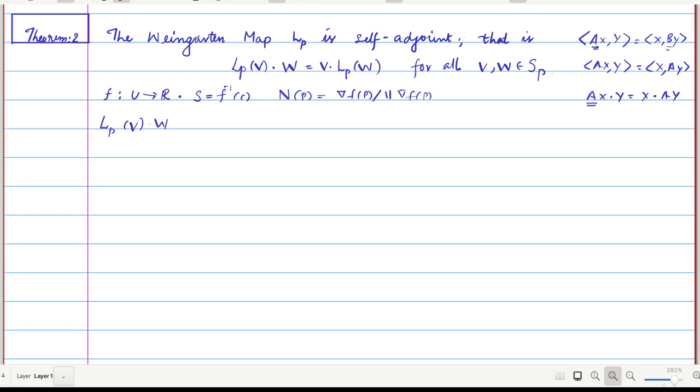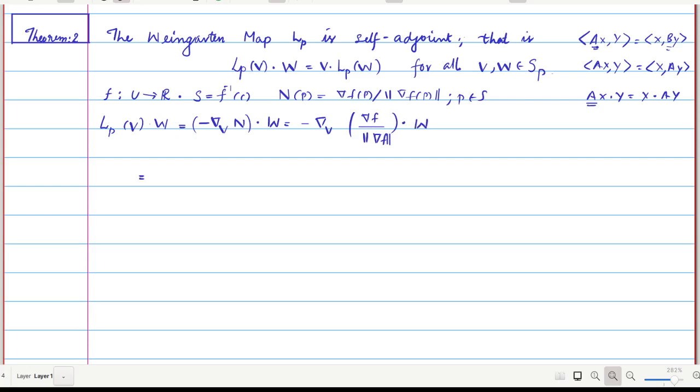So this will give one of the normal vector fields for all p belonging to S. By setting these two quantities, you start evaluating this Lp V dot W. By definition, Lp V is equal to minus del V of N, dot W. That is equal to minus del V of this N, which is del f divided by norm del f, so this is the normal vector field, dot W.